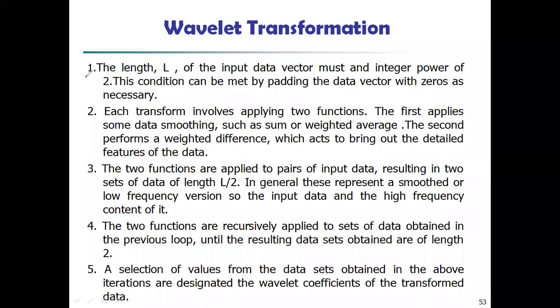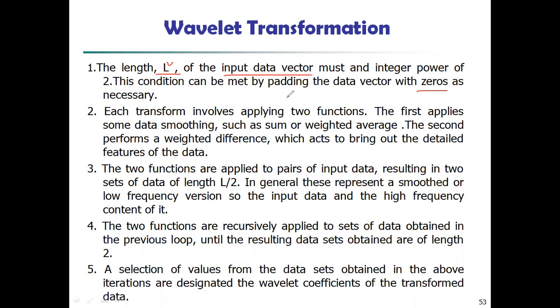In the first step, the length of the input data vector is assumed to be L, and it must be an integer power of 2. It can be padded to that length by adding zeros to the input data.